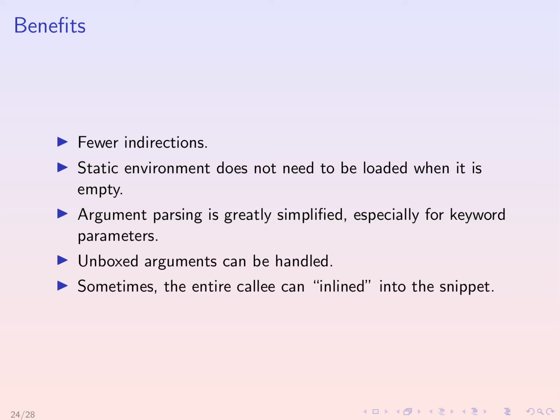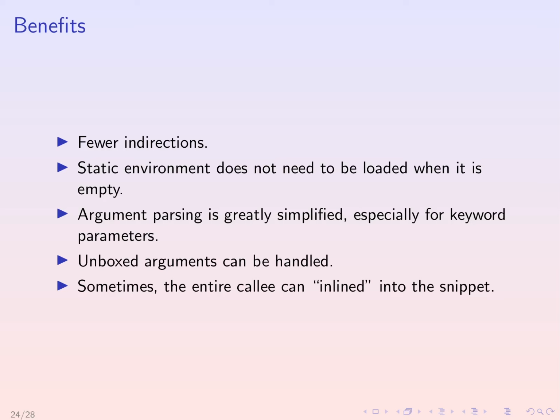If the callee is not a closure, then the static environment does not need to be loaded, so another memory access is saved. Argument parsing is greatly simplified, especially if there are keyword arguments that are literals at the call site. Then the callee can access the values of those keyword arguments directly from registers or from the stack of the caller and put them in the places where it needs them. So no argument parsing is then required.